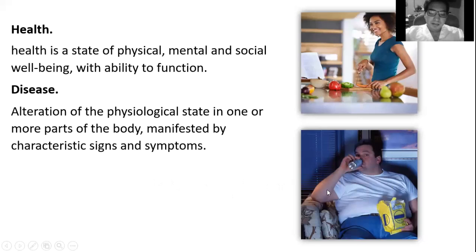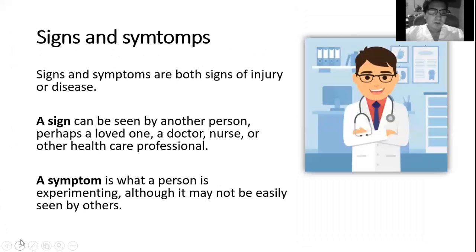All of these patterns will take you to a state of disease. Once we have a disease, we will manifest some signs and symptoms that will be characteristic of one disease, of a pathology.